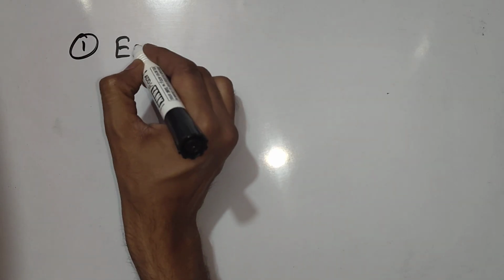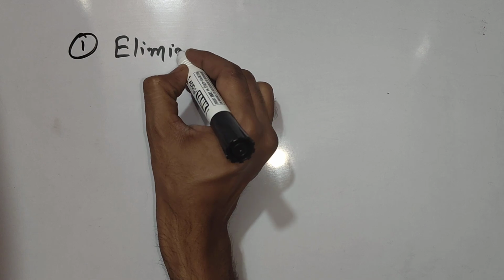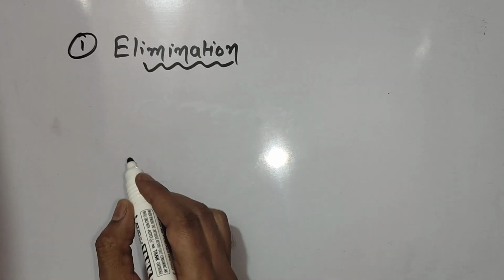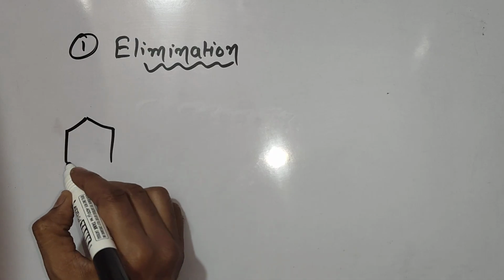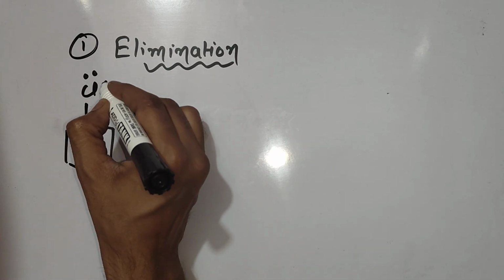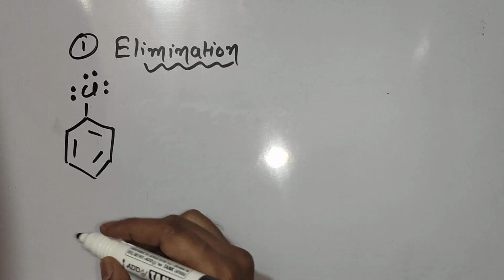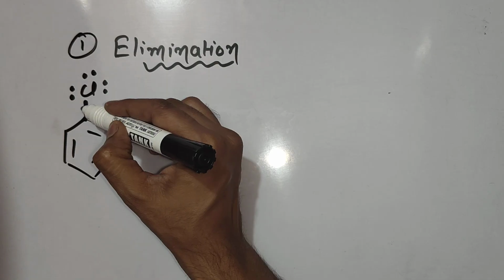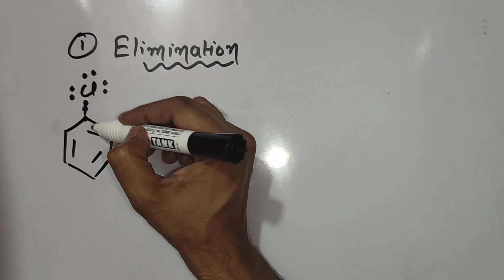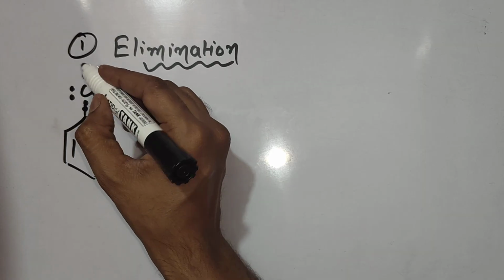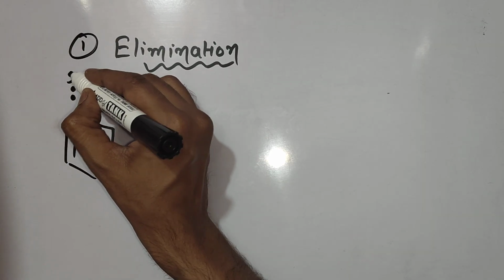The very first step involves an elimination reaction. Chlorobenzene. In chlorobenzene, as you know, between chlorine and carbon there are sigma electrons, a covalent bond. Chlorine is more electronegative than carbon, so obviously these electrons are more toward the chlorine side.